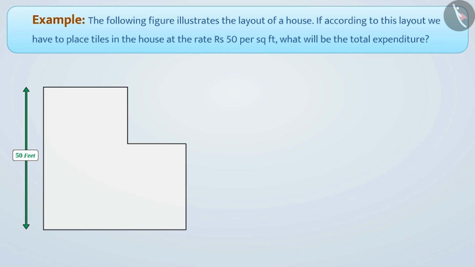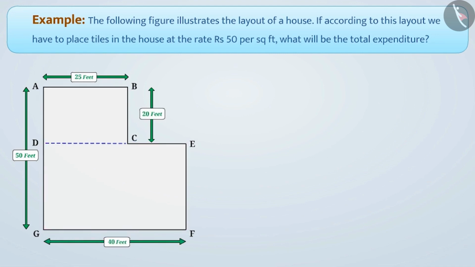We can divide this figure into 2 rectangles in this way. We will name them ABCD and DEFG. The length and breadth of rectangle ABCD are 25 feet and 20 feet respectively, whereas the length and breadth of rectangle DEFG are 40 feet and 30 feet respectively.